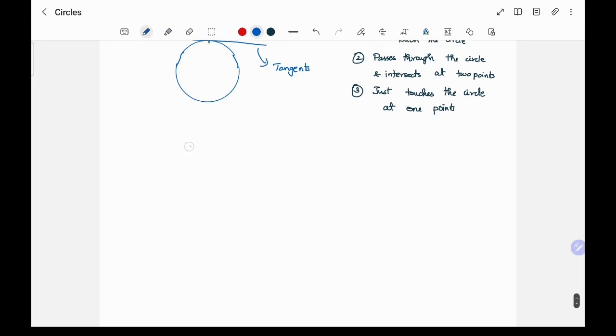So if we have a circle and an exterior point, we can draw two tangents to the circle from this point. So this is one tangent and this is another tangent. So from any exterior point to the circle, we can draw two tangents.